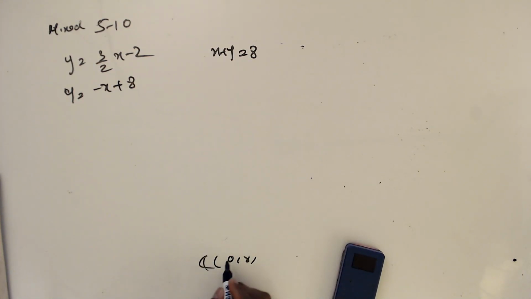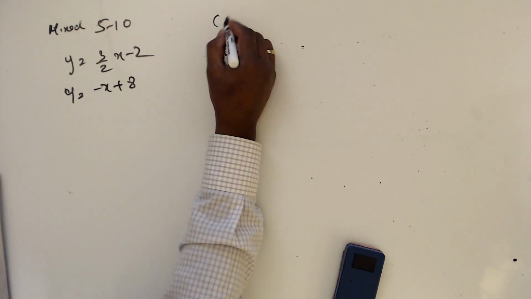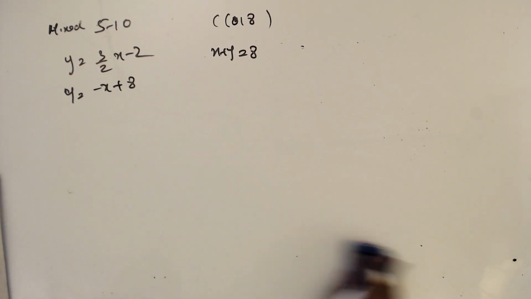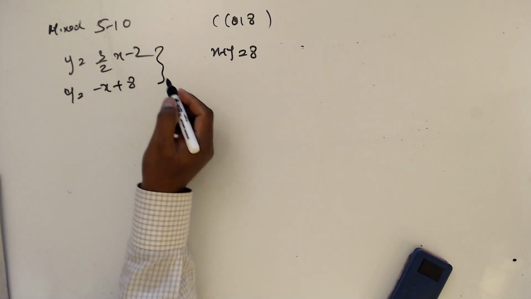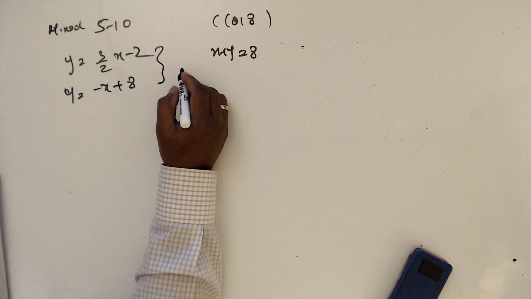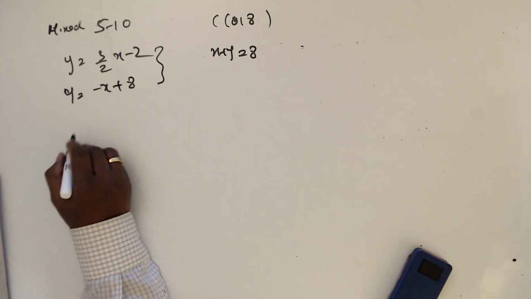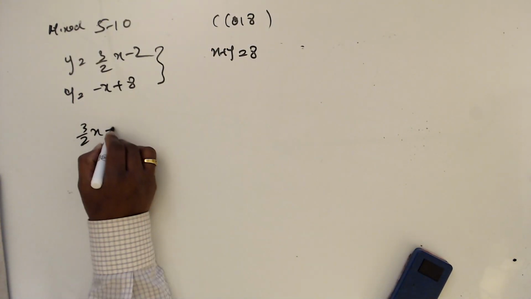This C point is (0, 8). Now we want to find the intersection point of these, which is D. So I'll make them equal and solve.